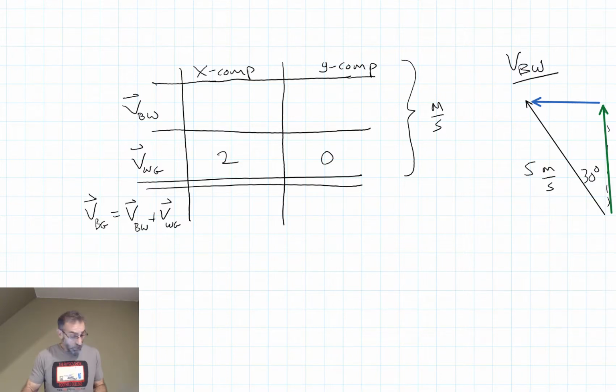The y component is going to be 5 times the cosine of 30 degrees. I got 4.33. And that's in the positive y direction. I'll just put a plus sign there just so I know. The other direction, the x component, is going to be 5 sine 30 degrees, which is 2.5. But that's in the negative x direction.